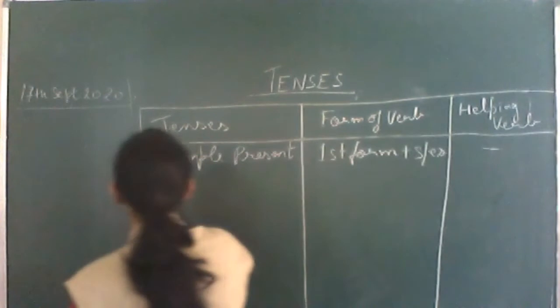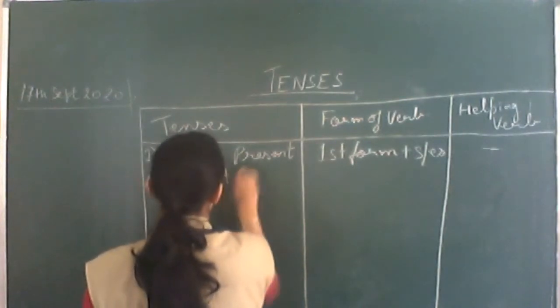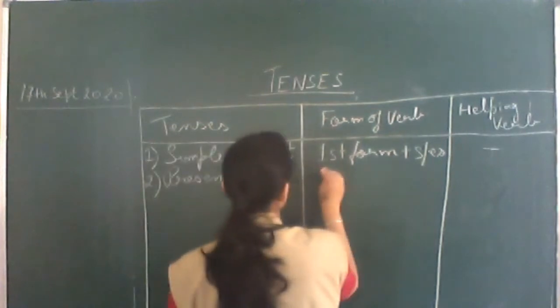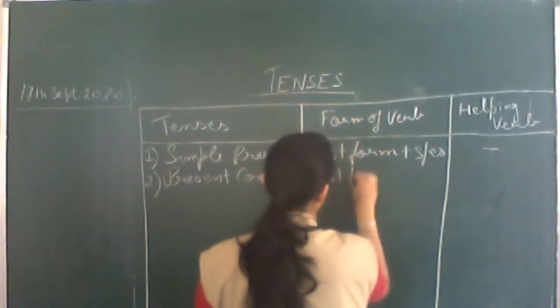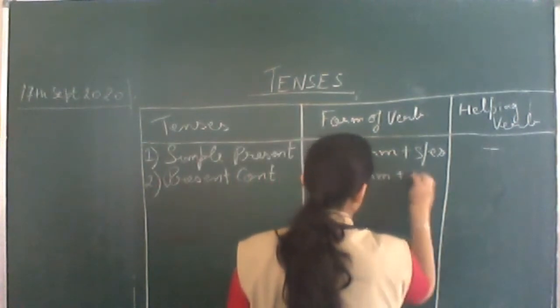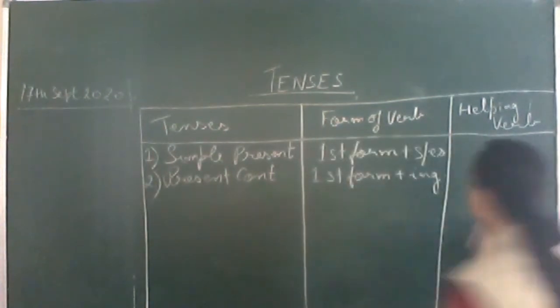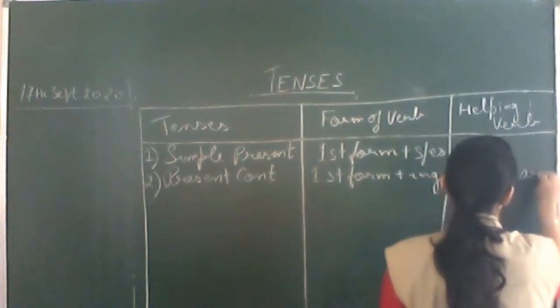The second one is present continuous. Children, in present continuous we use first form plus ing, and the helping verbs will be is, am, and are.